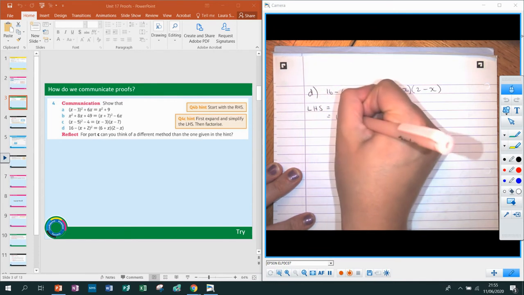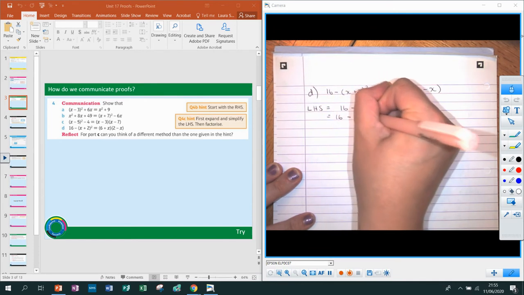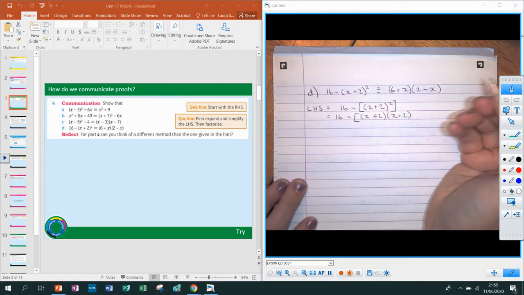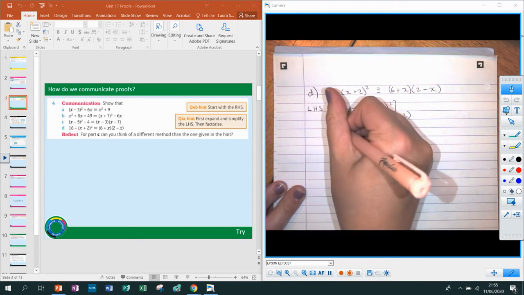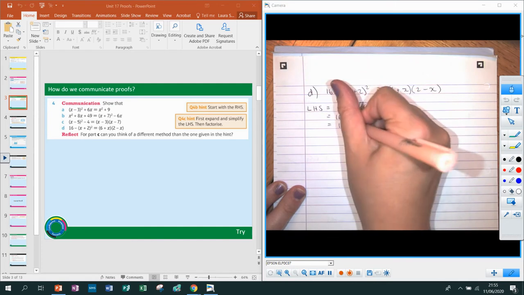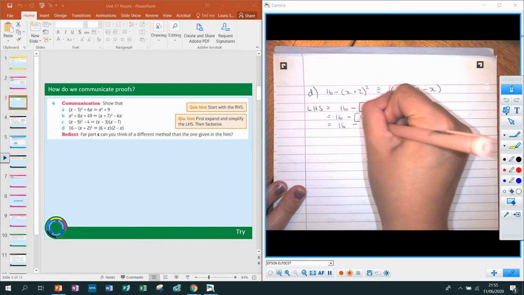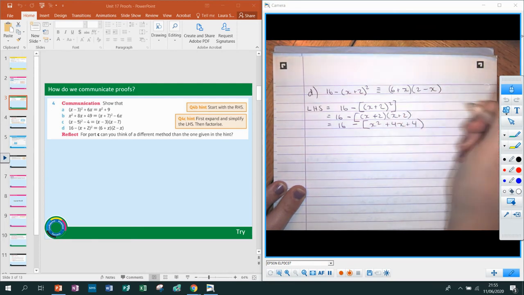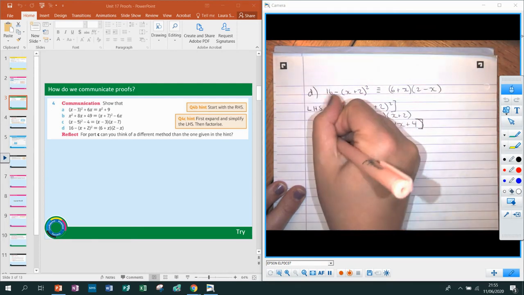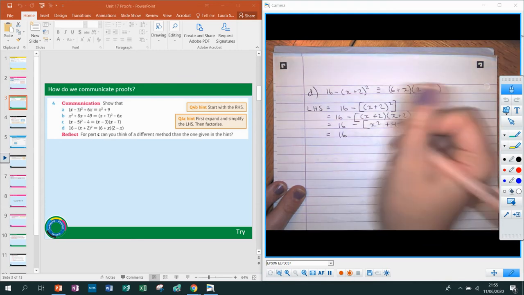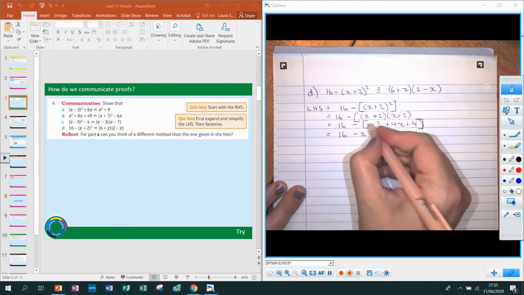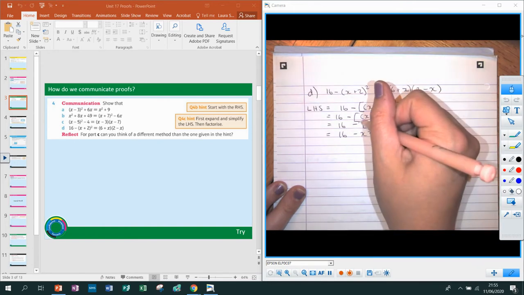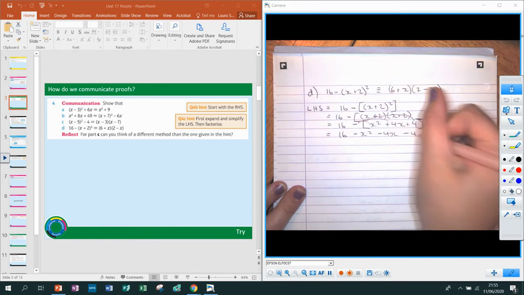Okay, so that's 16 minus x plus 2 times another x plus 2, which gives me 16 minus, in a square bracket, x squared plus 4x plus 4, square bracket, which equals 16 minus x squared, now don't forget to distribute to all, minus 4x, and then minus 4.